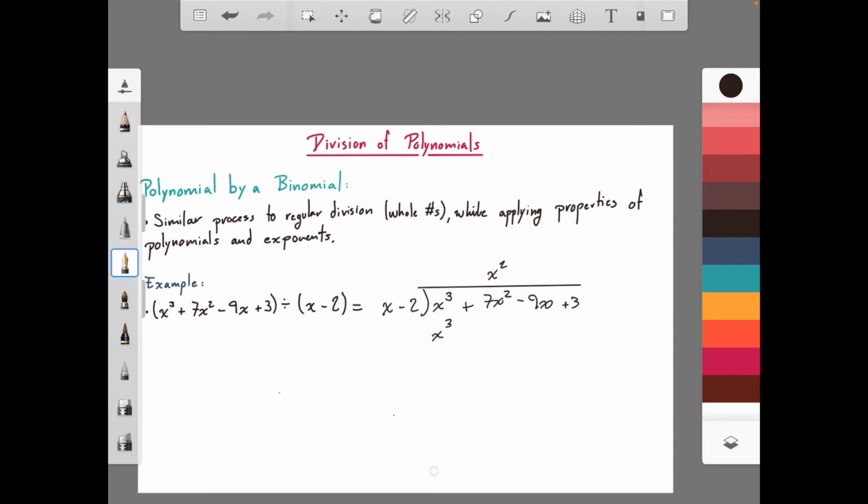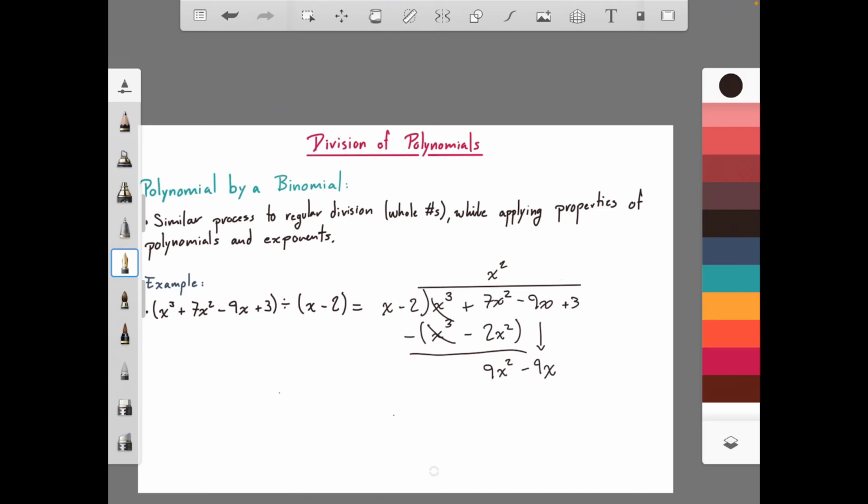And then we multiply this x squared by this negative 2, so minus 2x squared, and all of that we are going to subtract. So these cancel out, that becomes 0, and now 7x, this becomes a plus, so 7x plus 2x becomes 9x to the second power. Now we lower down this minus 9x.